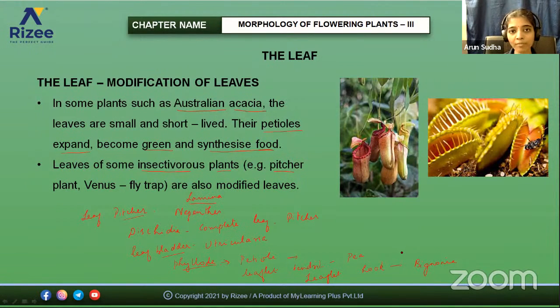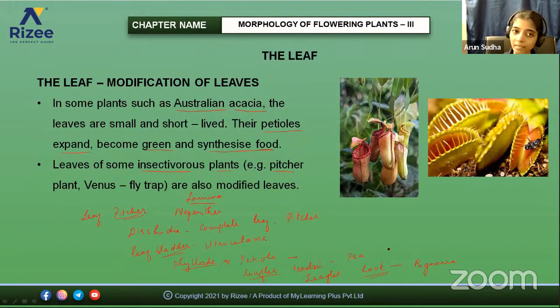That is, it may be modified to form a tendril, leaf tendril, or leaflet tendril, or it may be modified to spines. And also in the case of insectivorous plants, they are modified into a pitcher, or it may be modified into a bladder, or the petiole gets modified to leaf form, or the leaflet may be modified to form hook-like structures. So there are different modifications of the leaves in different types of plants.